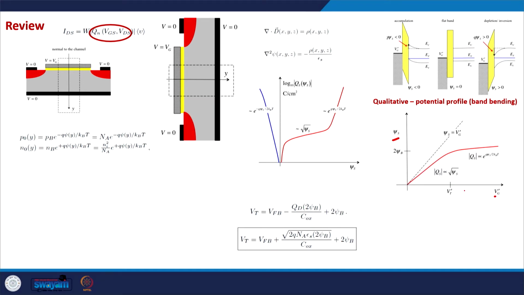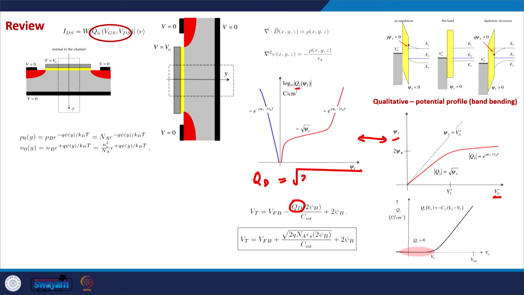That is how we can understand the relationship between Qs and Vg, if we couple both of these plots. Finally, we have seen that the depletion charge is directly related to the surface potential via this relationship, and we would also like to know how the mobile charge is related to the gate voltage.